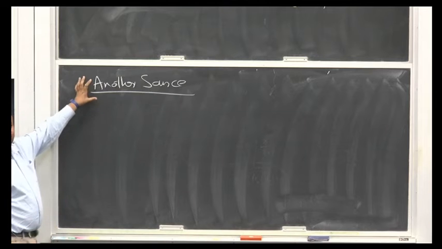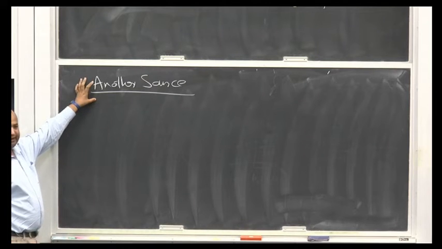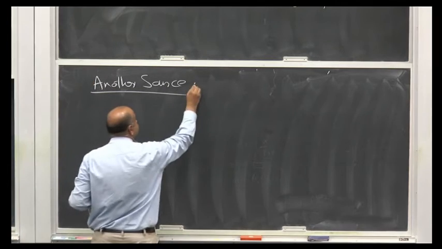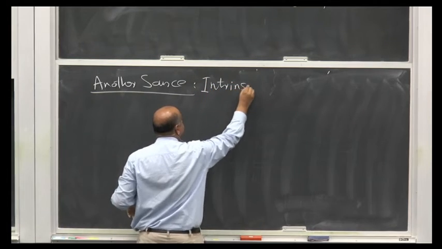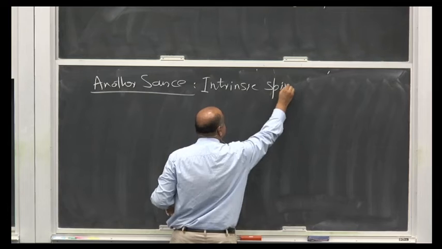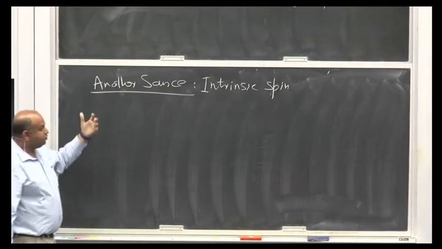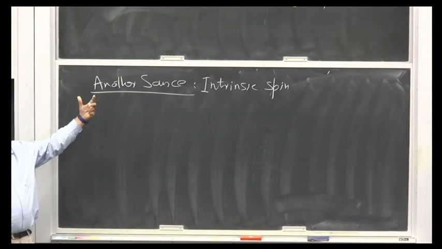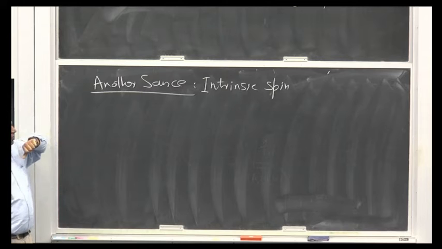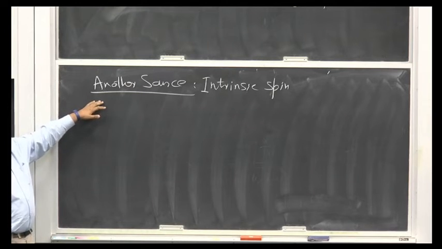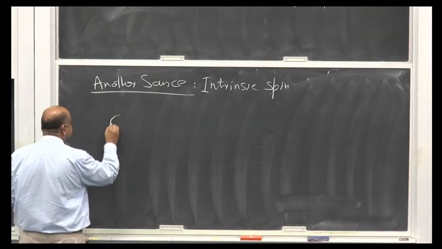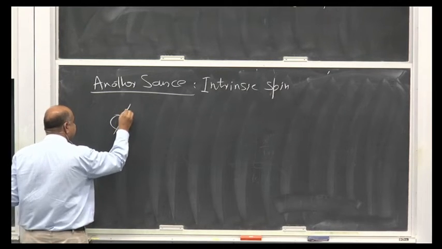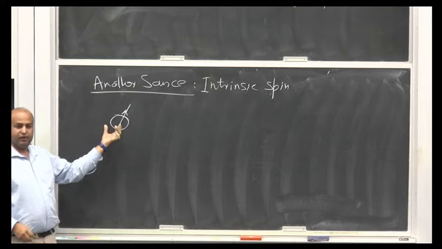So there's another source of angular momentum or magnetic dipole moment: the intrinsic spin of the particle. You can actually explain this fully using relativistic quantum mechanics, and I'm just going to state the result. So the idea was that electrons have an intrinsic spin associated with them.